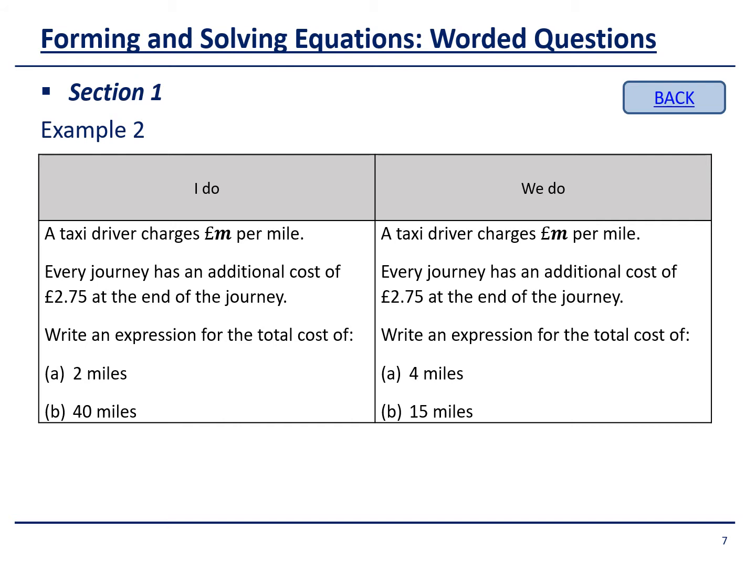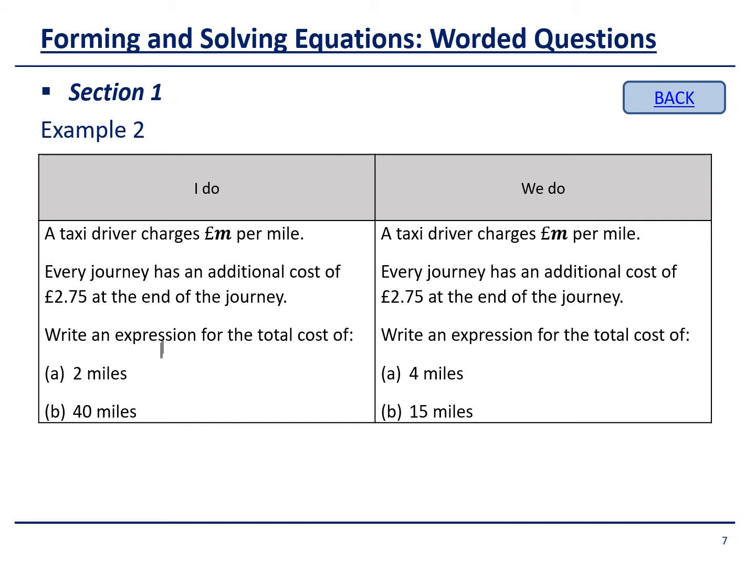Let's read it carefully. A taxi driver charges m pounds per mile, so we don't know how much he charges per mile. So that's our variable unknown. Every journey has an additional cost of £2.75 at the end, so we're always going to add that on. Write an expression for the total cost of 2 miles.